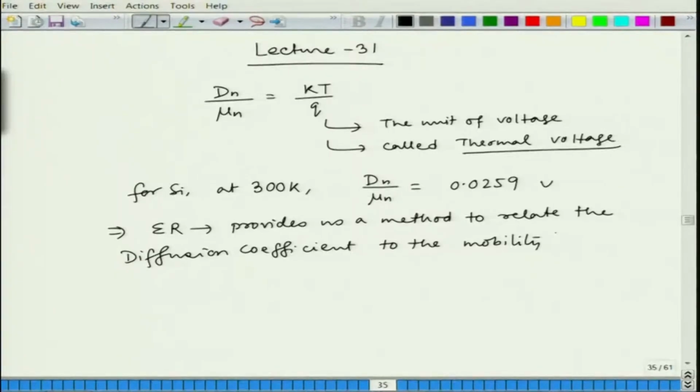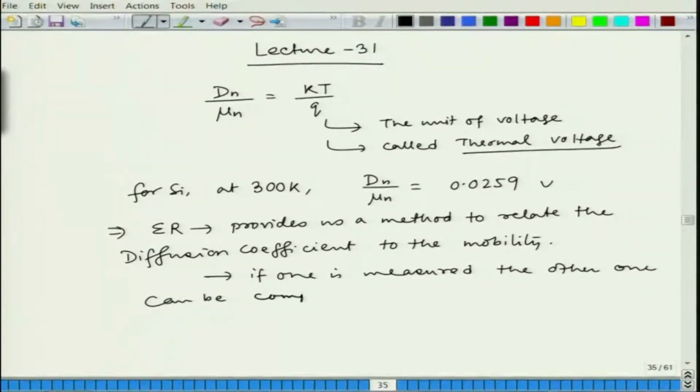Similarly, you can write this for holes as well. So, what this relationship gives is, if one is measured, the other one can be computed.